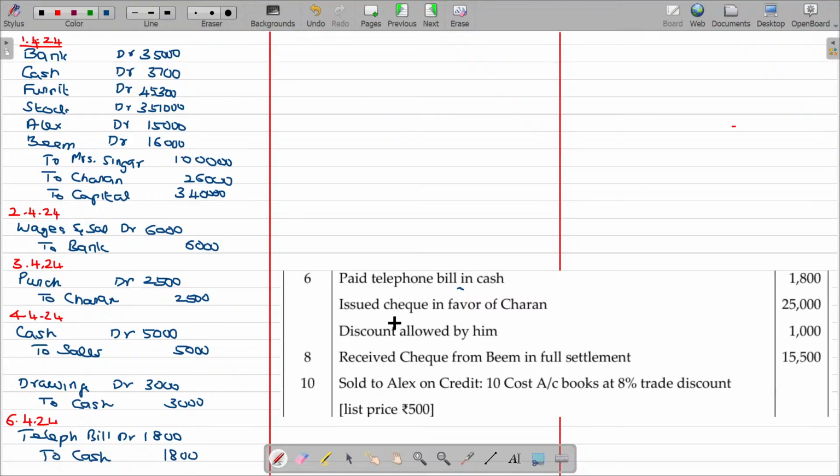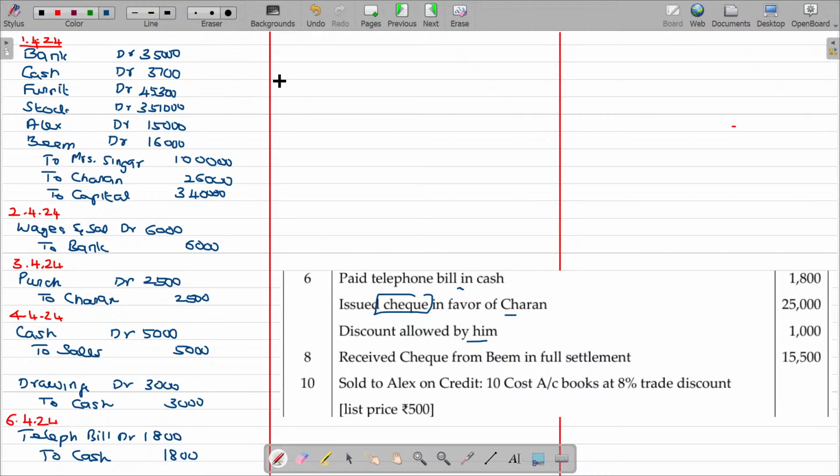On the same date, issued check in favor of Charan and discount allowed by him 1,000. To Charan, 26,000 rupees actually we have to pay. On payment, he says you can take 1,000 rupees discount, settle only 25,000. So that 1,000 is a gain for us. Make the payment to Charan, and the payment is in the form of check.